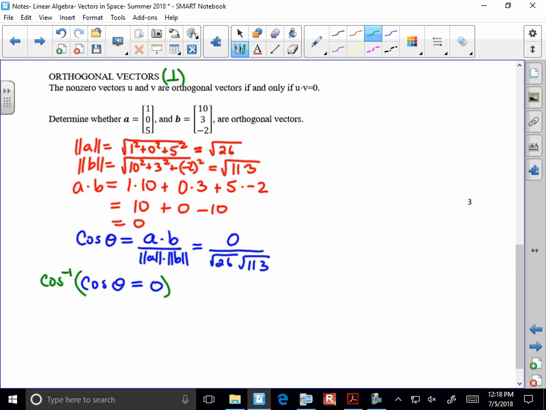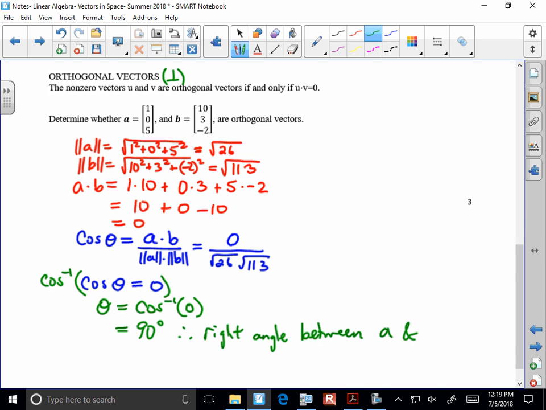Take the inverse cosine, and I get theta equals the inverse cosine of 0. What is the inverse cosine of 0? 90 degrees. So therefore we have a right angle between vectors A and B, which means A is orthogonal to B.